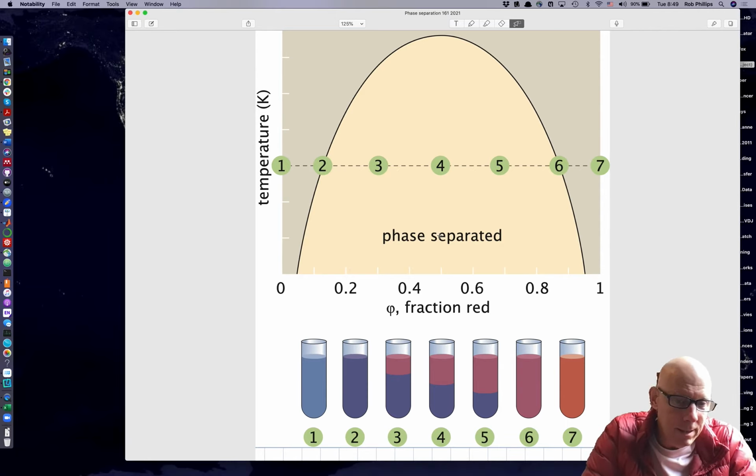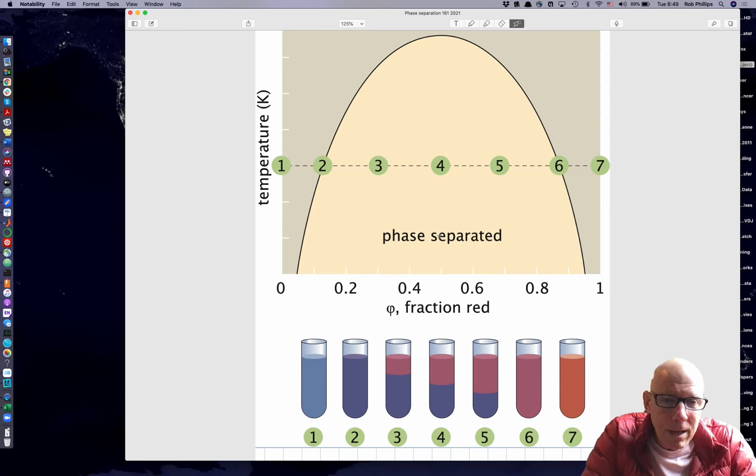If you look at number 2, it's got a little bit of a purplish tint to it. The reason is that there are some red molecules in there, but they're mixed around. You can think about this, for example, in the context of lipids, where there's something known as the critical micelle concentration. And if you're below that concentration, then the lipids will be wandering around by themselves.